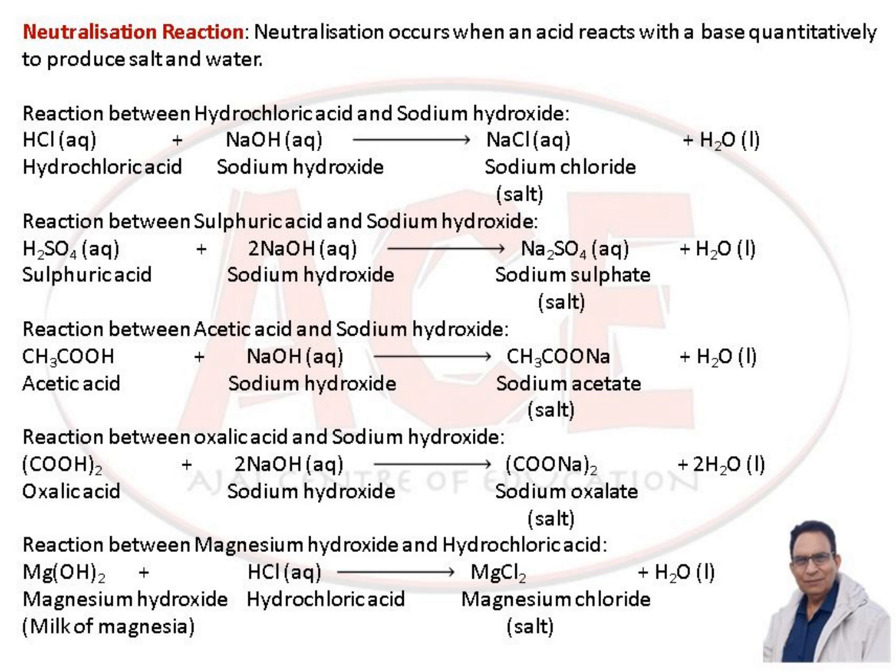Oxalic acid, (COOH)2, reacting with NaOH gives sodium oxalate, (COONa)2, plus water. Reaction between magnesium hydroxide and hydrochloric acid. Magnesium hydroxide, Mg(OH)2, which is known as milk of magnesia, on reacting with HCl, that is hydrochloric acid, gives magnesium chloride, MgCl2, plus water.